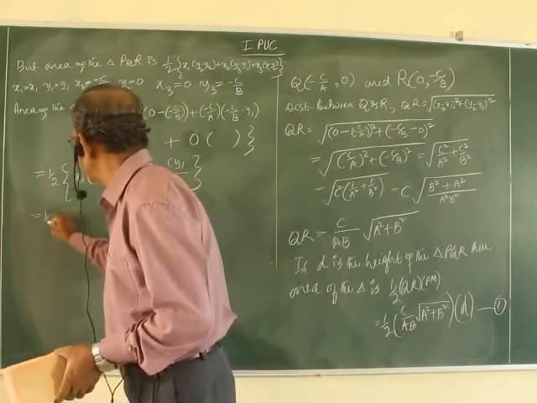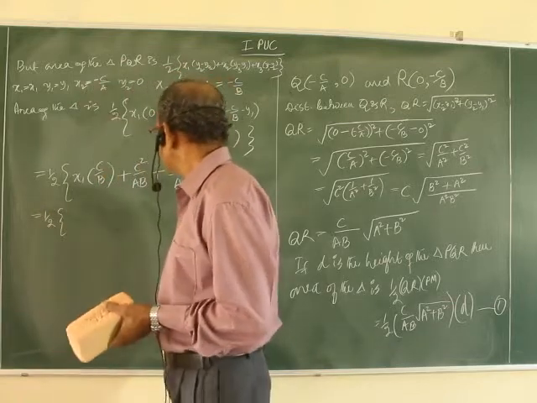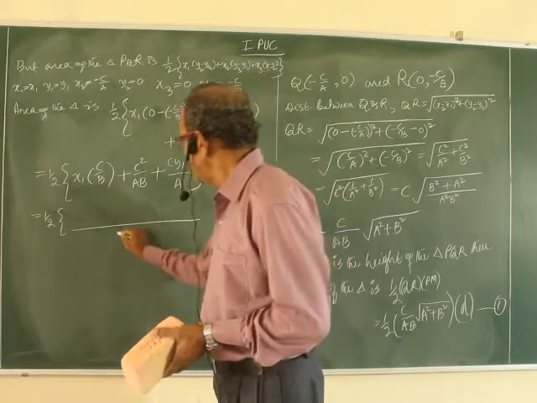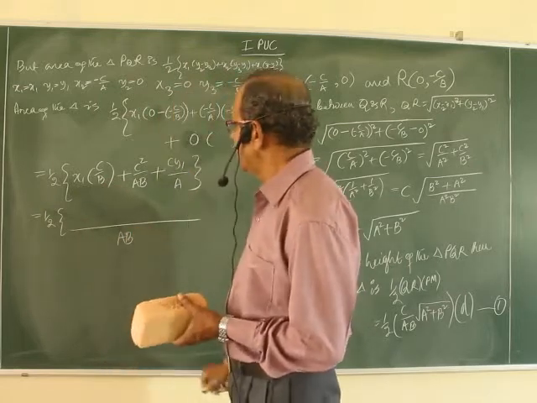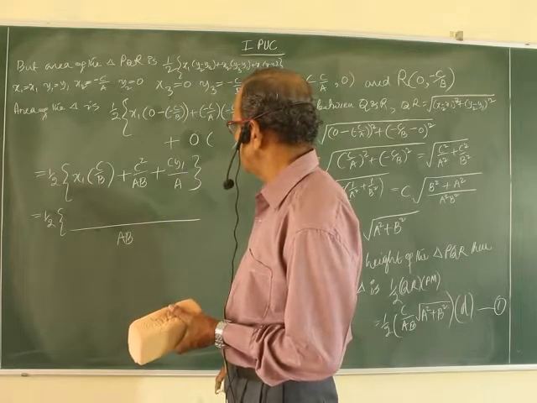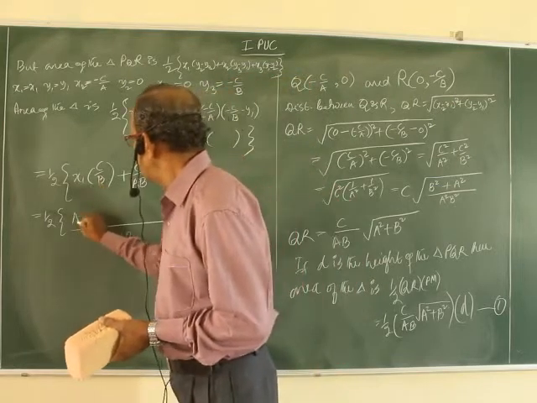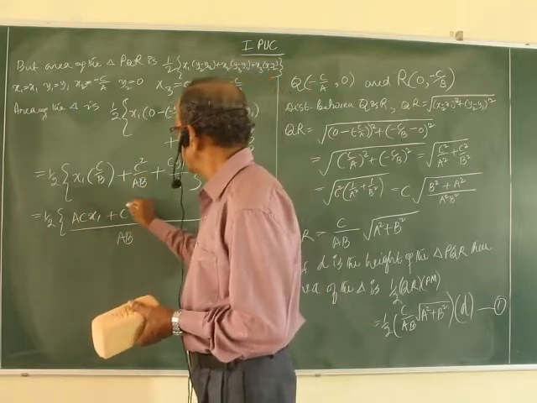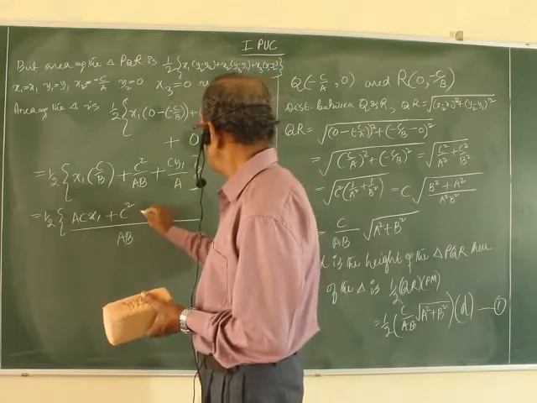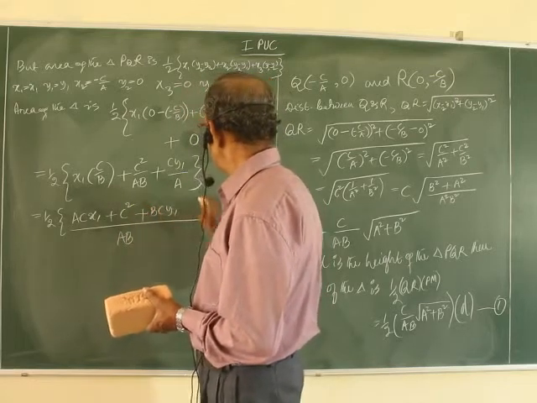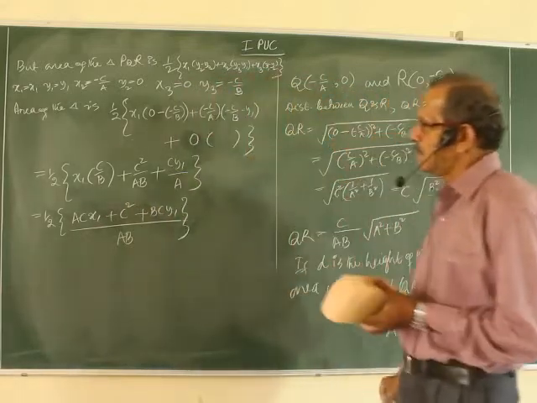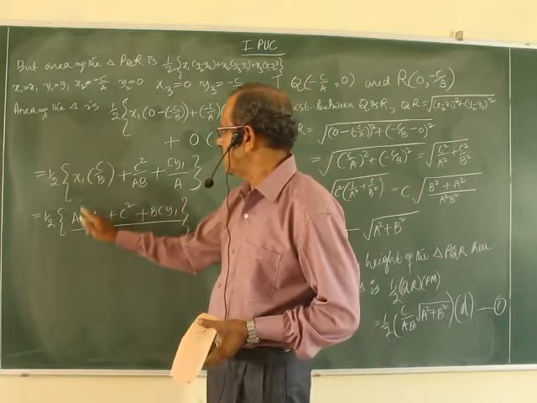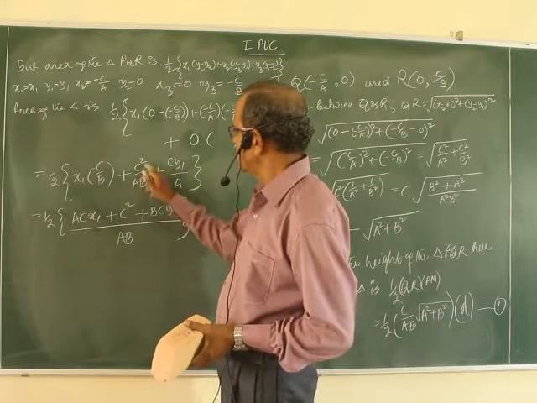Equal to half into, shall I take the common denominator? Common denominator ab: a c x1 over ab plus c square plus b c y1. Common denominator ab, so multiply this by a: c x1 a. Here ab, so just c square is enough.